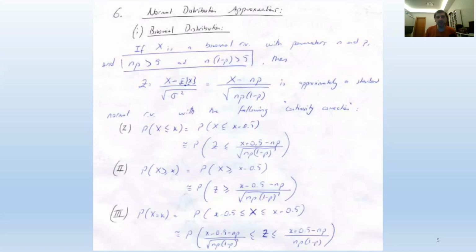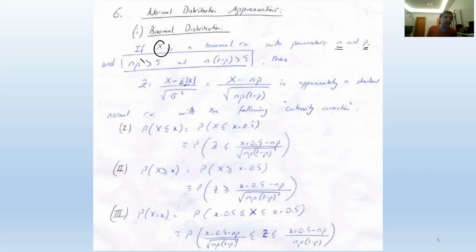So the first distribution that may be approximated by the normal distribution is binomial distribution. The idea is very simple. X is a binomial random variable, let's say, with parameters n, number of trials, and success probability p. Now we have the condition under which we are justified in using the normal approximation.